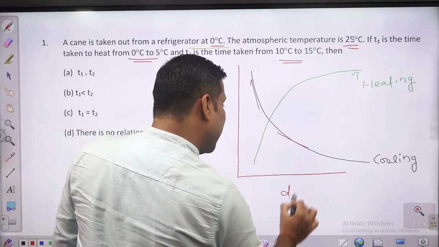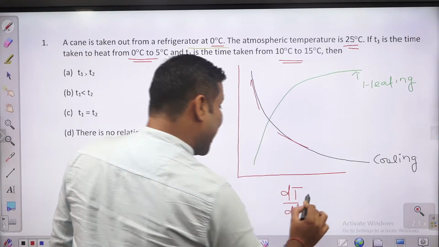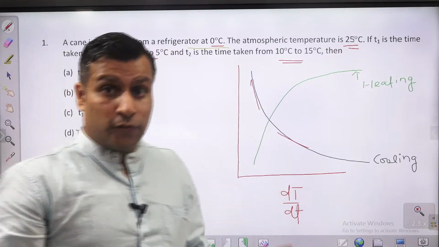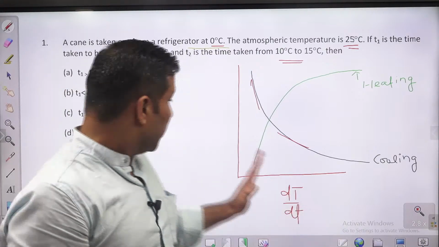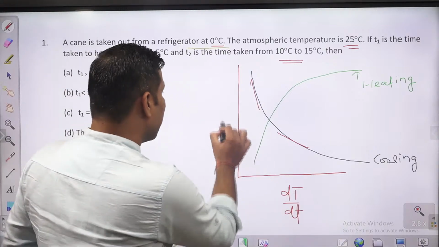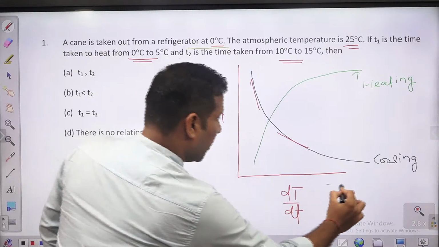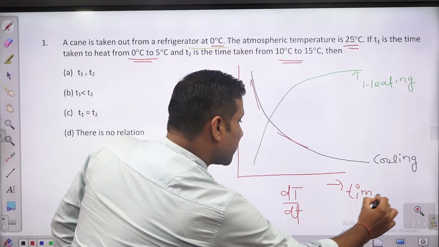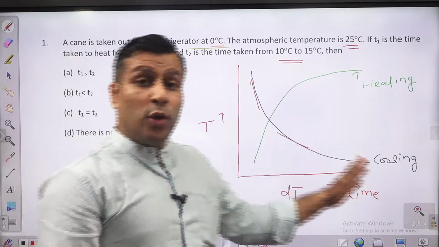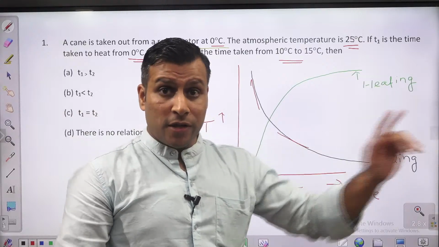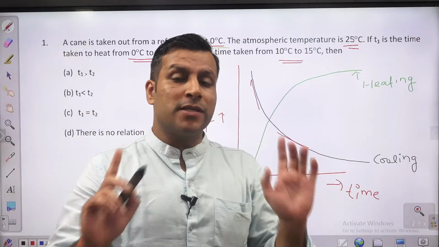Rate means dT by dt, the rate of change of temperature with time. This is known as rate of cooling or rate of heating. So you can observe it here, this is a temperature versus time plot. Whether you are carrying out cooling or heating, the rate of heating or rate of cooling always decreases with time.